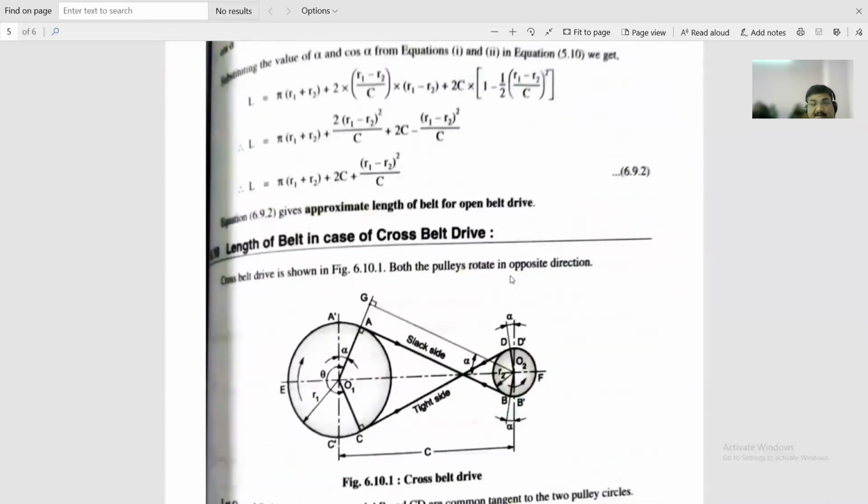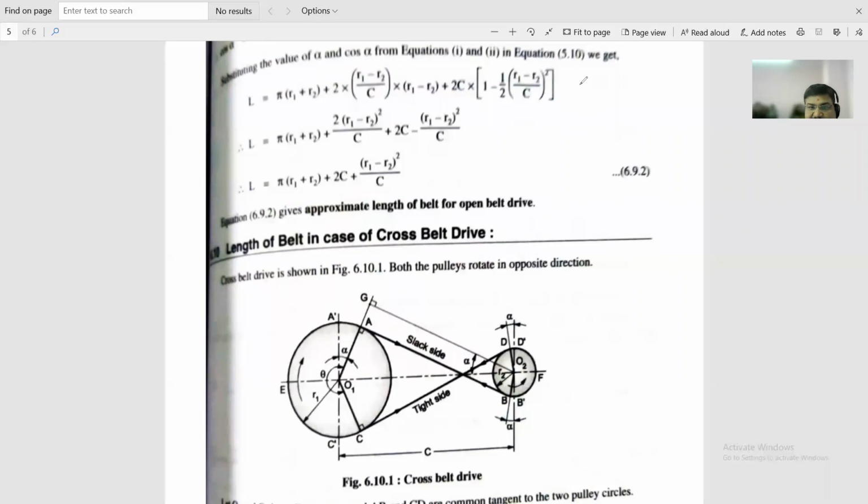The total length of the belt is given by the formula L is equal to pi into (R1 plus R2) plus 2C plus (R1 minus R2) whole square divided by C. Here C is nothing but, what do you mean by C?